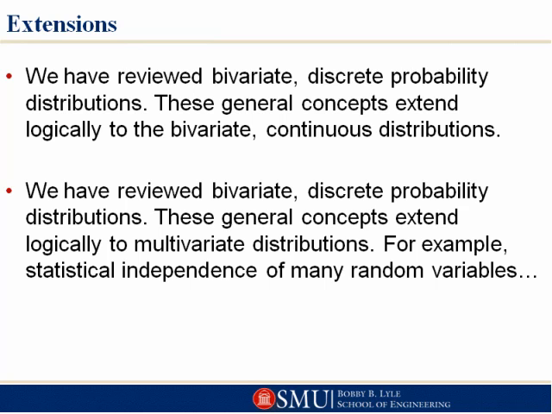So again, just a brief look into joint probability distribution. This is again just focused on the bivariate discrete probability. The same general concepts extend to bivariate continuous. This was all from the standpoint of discrete probability distributions. You could do the same thing with continuous distributions.